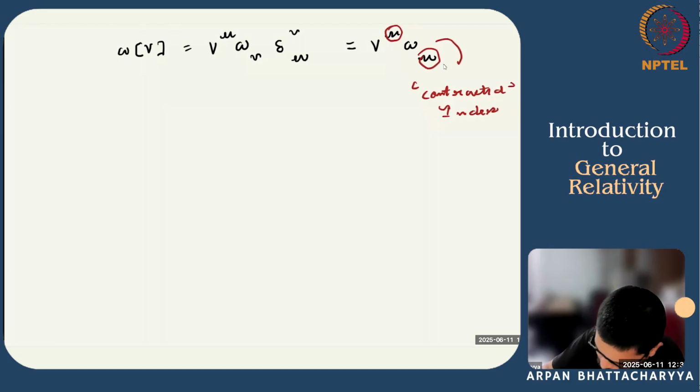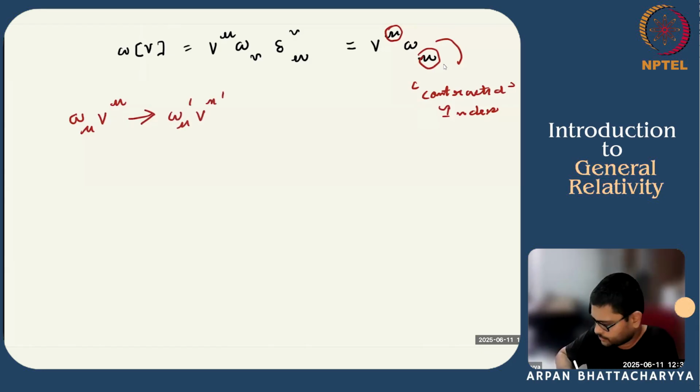So now let's check the Lorentz transformation property of this. Suppose this goes to omega mu prime under Lorentz transformation, then what happens?